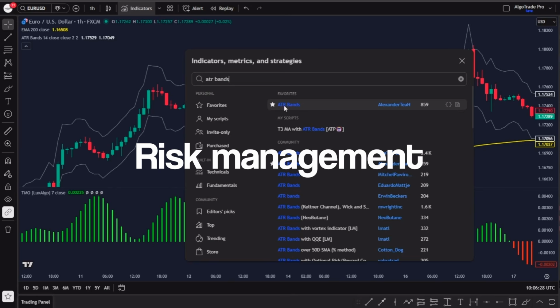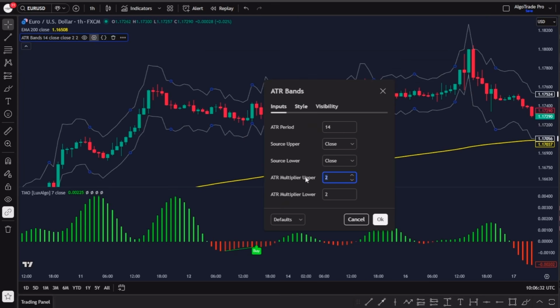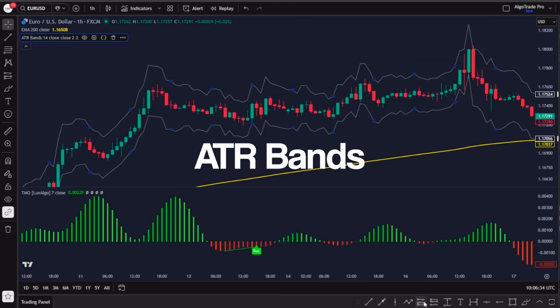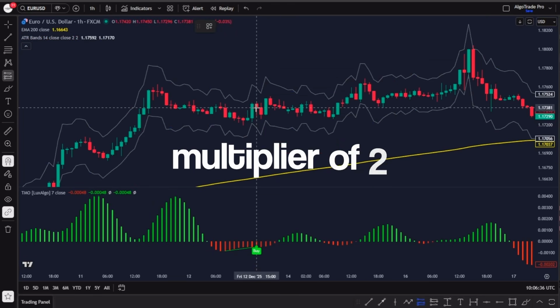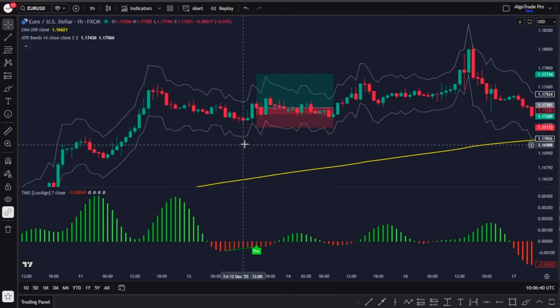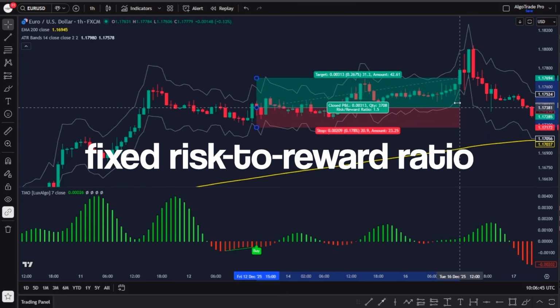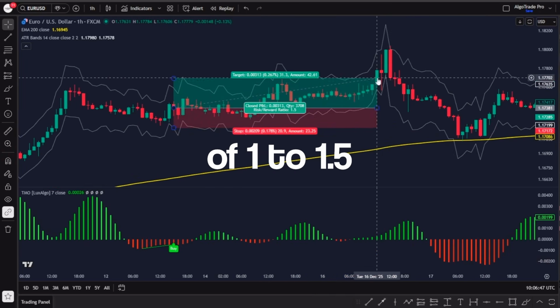For risk management, we'll keep things consistent and realistic. Stop losses will be placed using the ATR bands with a fixed multiplier of 2, so risk adapts to volatility instead of being random. And for exits, we'll use a fixed risk to reward ratio of 1 to 1.5.